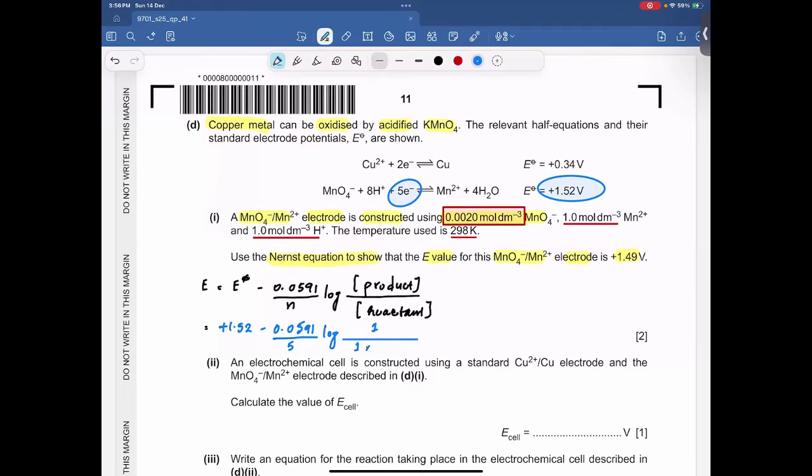This 1 mole per dm cube for hydrogen ion, and the concentration of manganate ions is now 0.0020. So the value of E for manganate half cell is going to be plus 1.49 volt. Okay, I hope it makes sense to you.